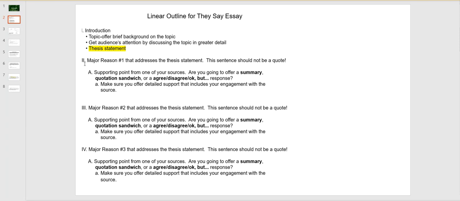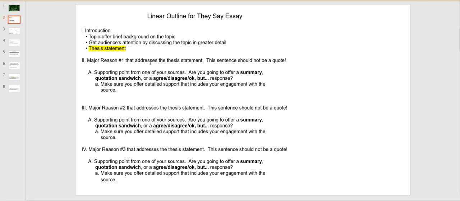So when you start drafting Roman numeral 2, Roman numeral 3, Roman numeral 4, all those paragraphs are basically going to follow a similar formula. And I say when you start writing these body paragraphs, you shouldn't include quotes as the first sentence of those paragraphs.